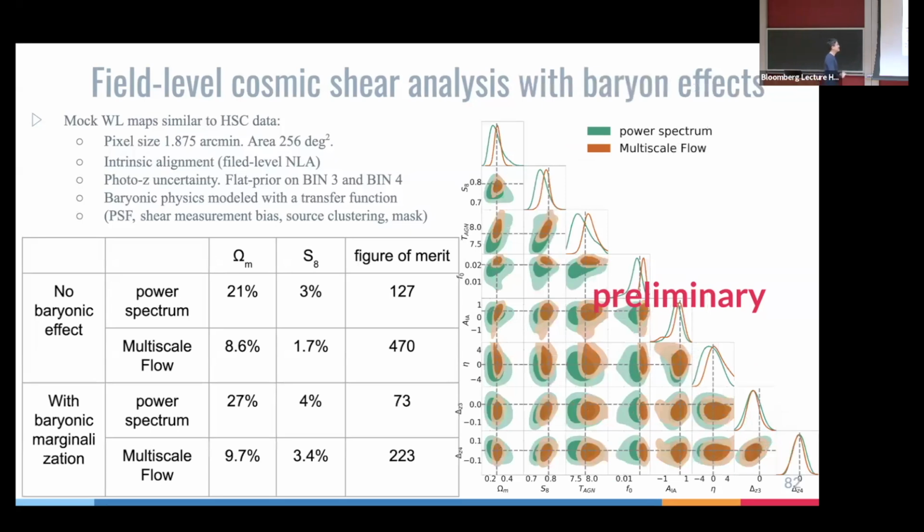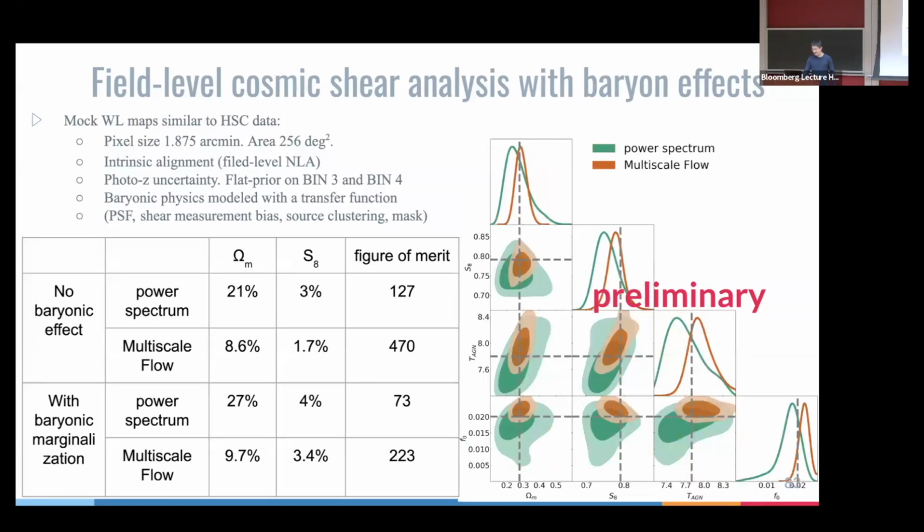If we include the baryonic marginalization, unfortunately, our constraints on S8 degrade a lot, by a factor of 2. This is actually because there's strong degeneracy between the AGN feedback parameters and the S8 parameter. You can see this degeneracy here.